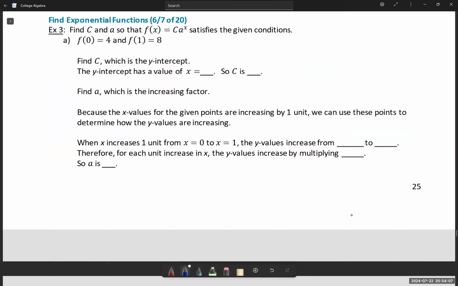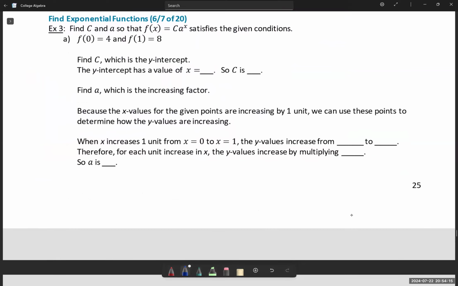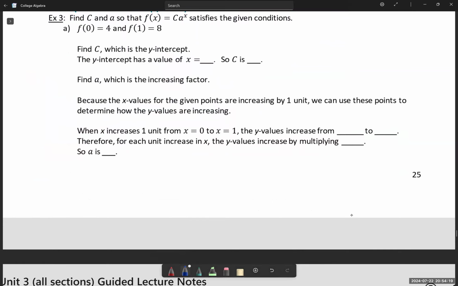All right. So example 3 is going to give us an opportunity to just put these parts together. It says find C and A that satisfy an exponential graph. So when x is 0, y is 4. When x is 0, y is 4.